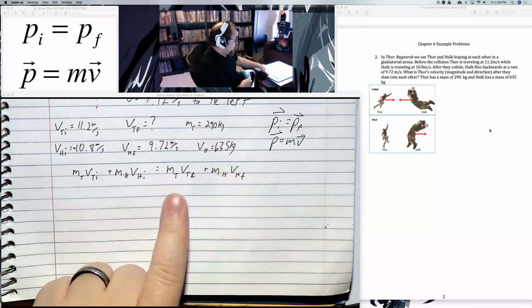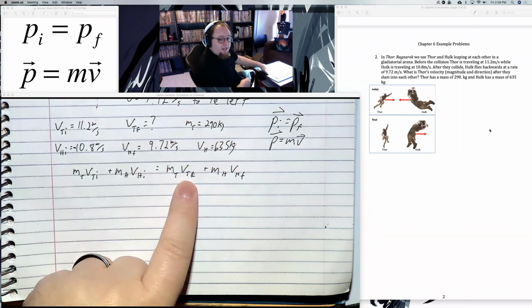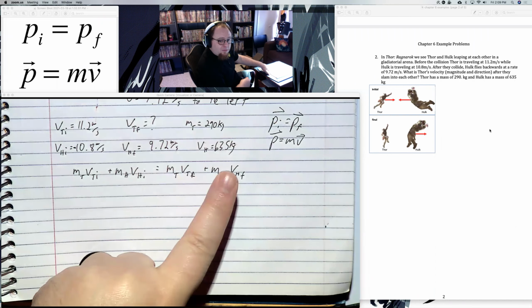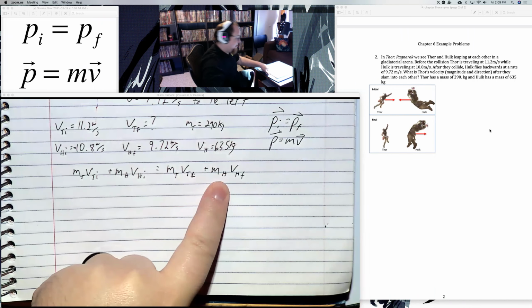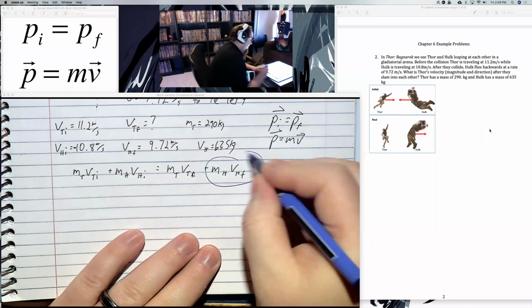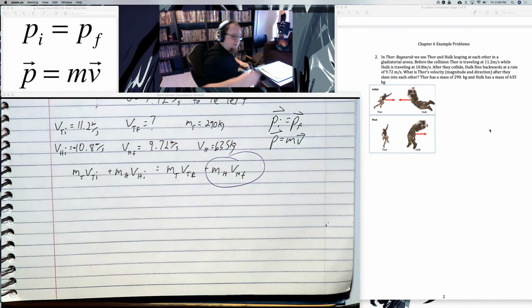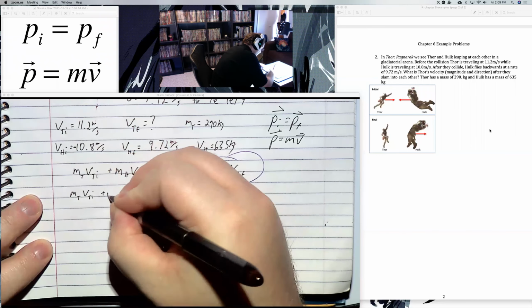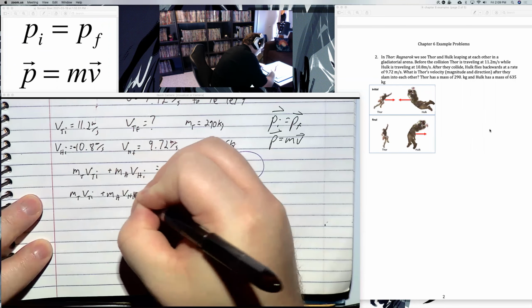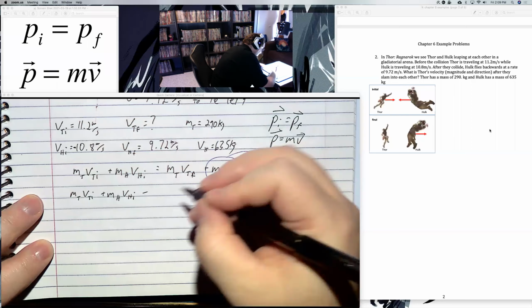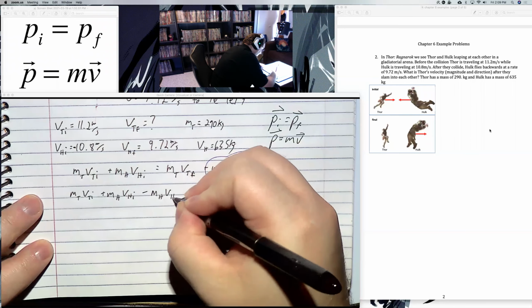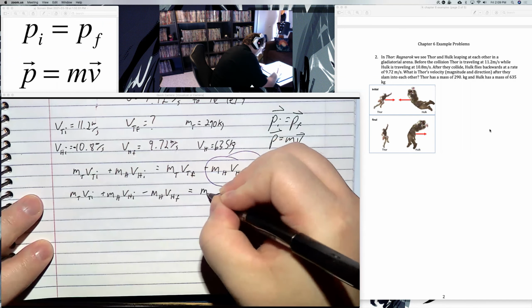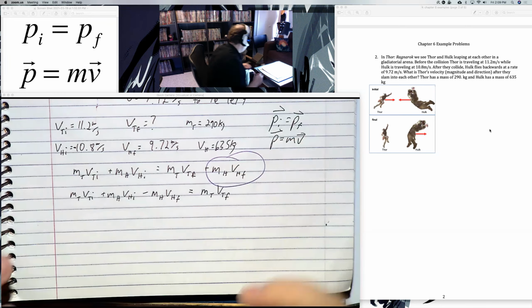Now I want the velocity of Thor. And since this has that piece added on, I'm going to take this bit and subtract it from both sides. So the mass of Thor, velocity of Thor initial, plus the mass of Hulk, velocity of Hulk initial, minus the mass of Hulk, velocity of Hulk final, equals the mass of Thor, velocity of Thor final.